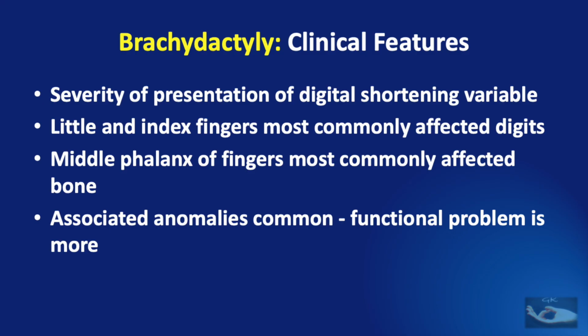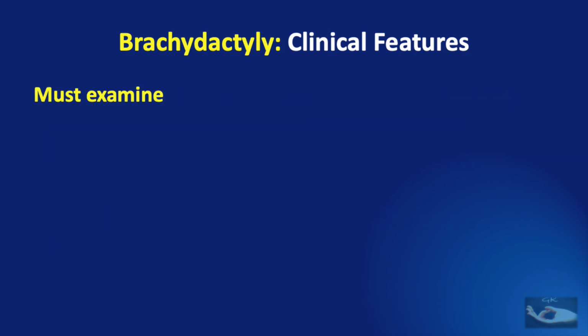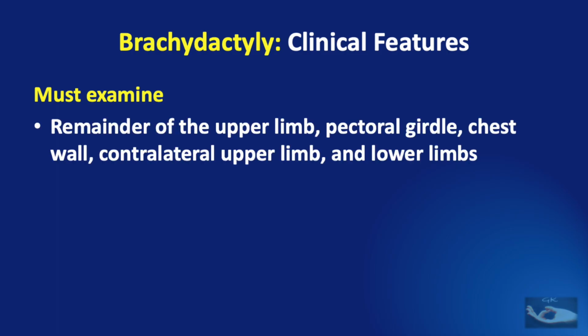Apart from examining the affected hand, we also need to examine the remainder of the upper limb, the pectoral girdle, the contralateral upper limb and the lower limbs. Also, additional limb or chest wall involvement needs to be examined because it may lead to the diagnosis of a specific form of brachydactyly or a more inclusive anomaly like Poland syndrome.